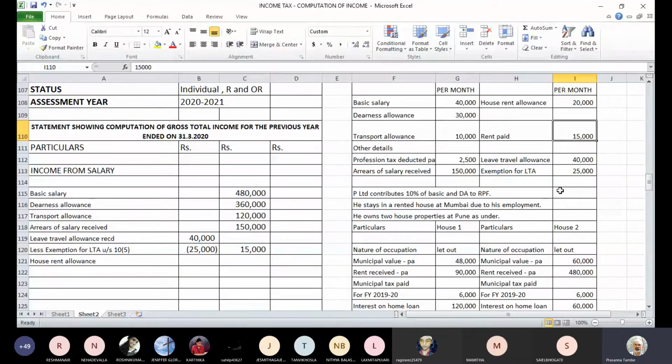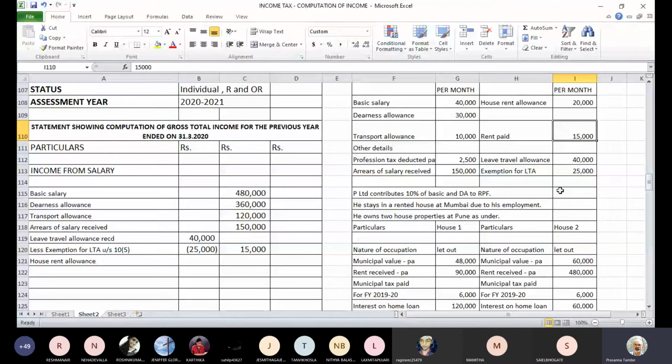So how do we calculate the exemption for house rent allowance? It gives you three factors. You have to compare the three factors. The least among those three factors is the amount of exemption. The first factor is actual amount of house rent allowance.